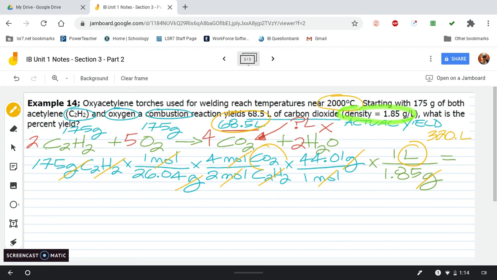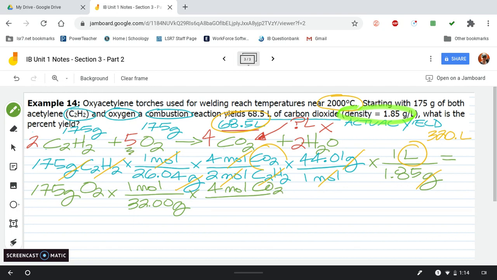Okay, so let's do option 2. Go ahead and keep the green pen. Option 2 is going to be very similar. 175 grams of oxygen, and then 1 mole of oxygen, 2 of those guys, 16 and 16. Should have that one memorized by now. And now we're still going to turn it into the CO2. And then the 5 goes on the bottom, right?